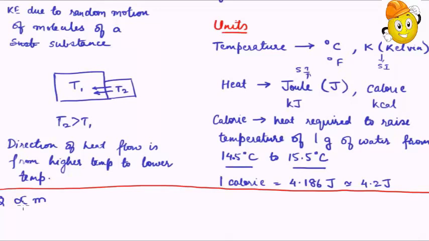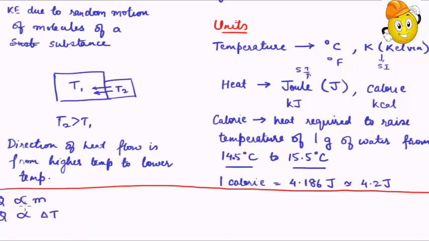So the amount of heat we need to give to the body to raise the temperature will be directly proportional to how much raise of temperature we want, right? So Q will also be directly proportional to delta T. How much temperature increase are we going for?